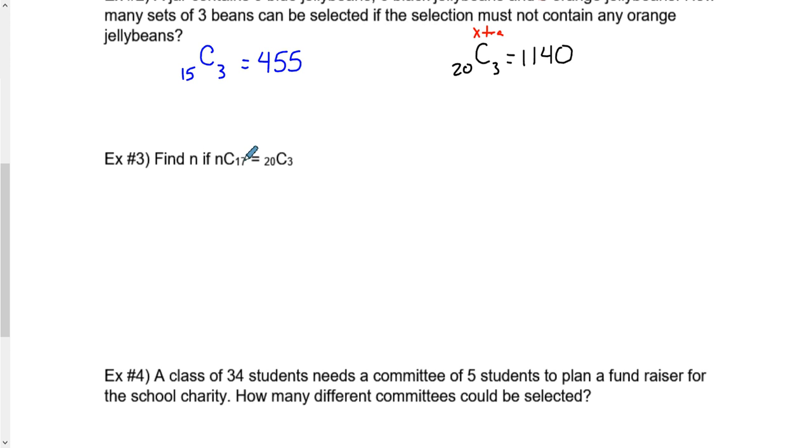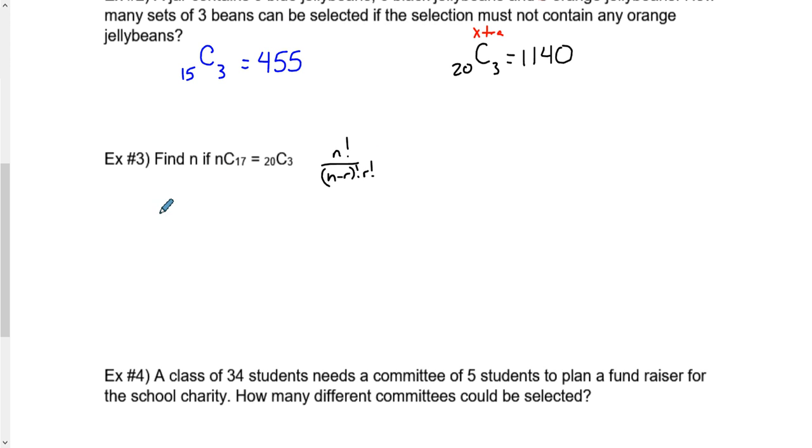So now we're going to talk about finding n if nC17 is the same as 20C3. Now there's a reason for it, and it does tie into the binomial theorem from pre-calc 30. But let's go to the formula. The formula is n factorial over n subtract r factorial, r factorial.